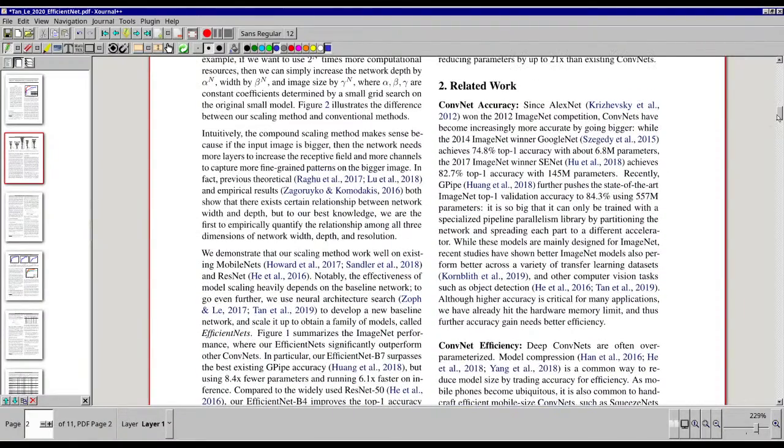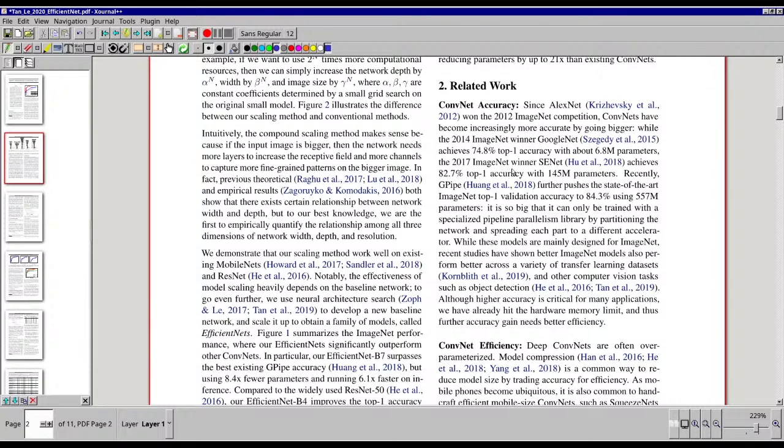Related to ConvNet accuracy, since AlexNet won the 2012 ImageNet competition, ConvNets have become increasingly more accurate. The 2014 GoogleNet achieves 74.8% top-1 accuracy with about 6.8 million parameters.